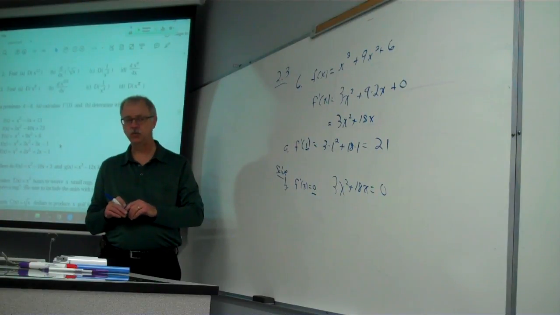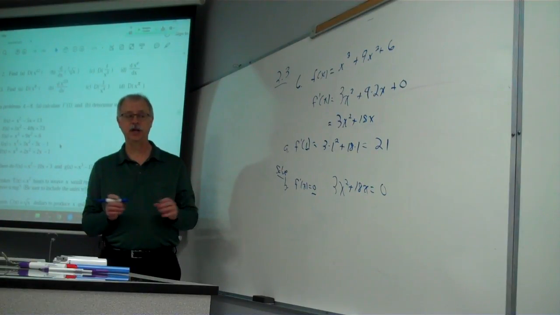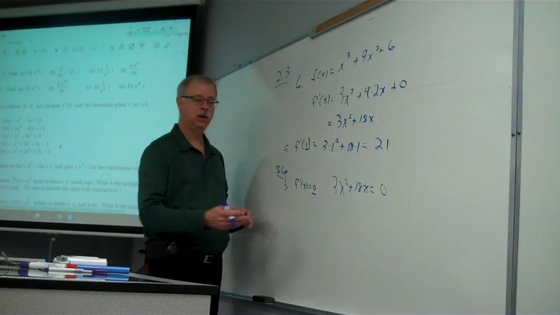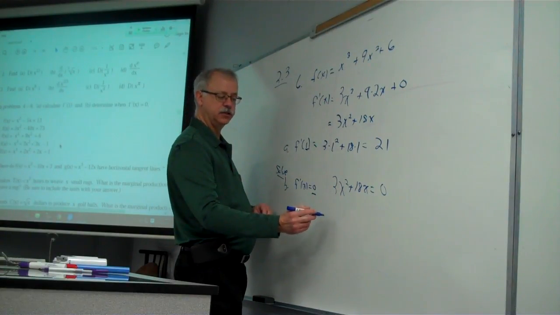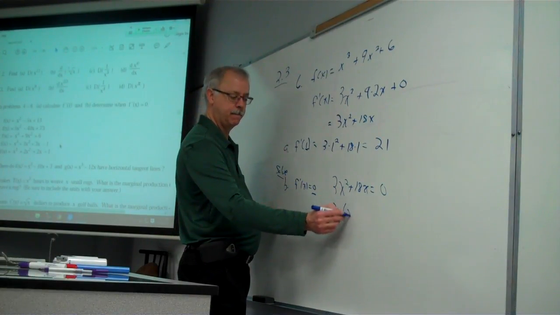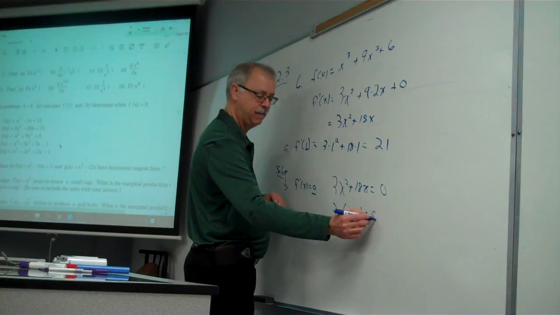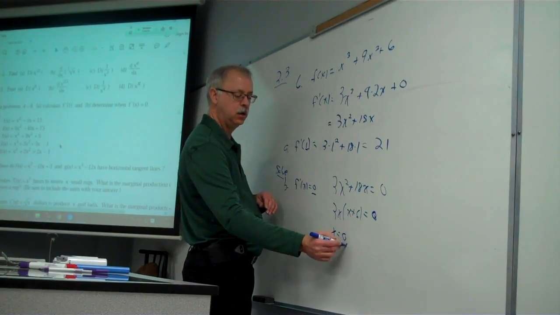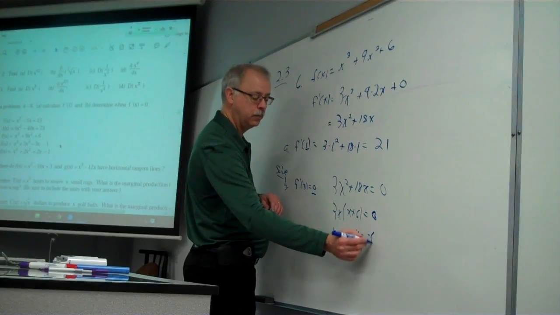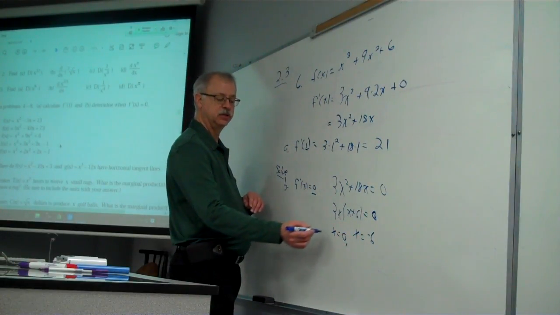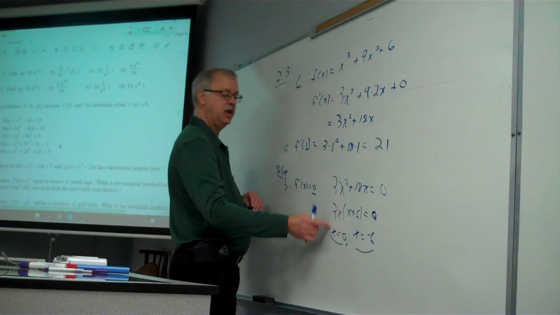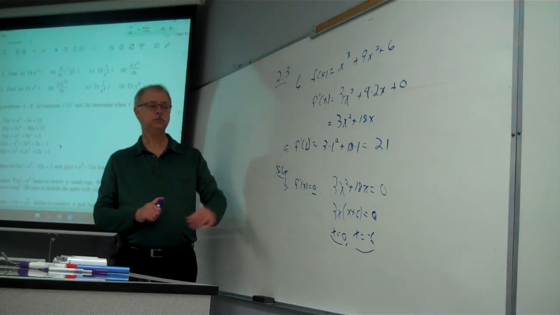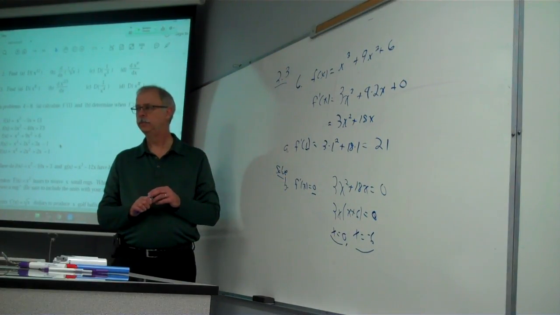That's the case we are, in fact, going to be the most interested in, where the derivative is 0. So I can factor out a 3x. And so either one factor is 0 or the other factor is 0. So x is either 0 or negative 6. That would give us where the derivative is 0.